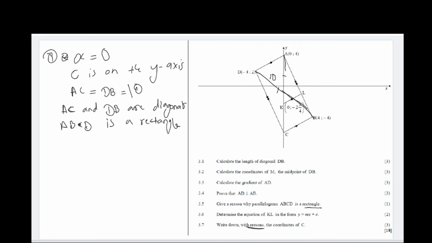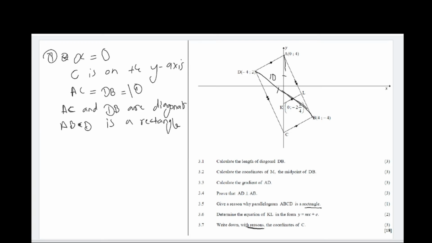Knowing that from here to here is 10, and from A to this point here is 4, because we know that the y coordinate is 4. In order to get a length of 10, you must add this plus this.